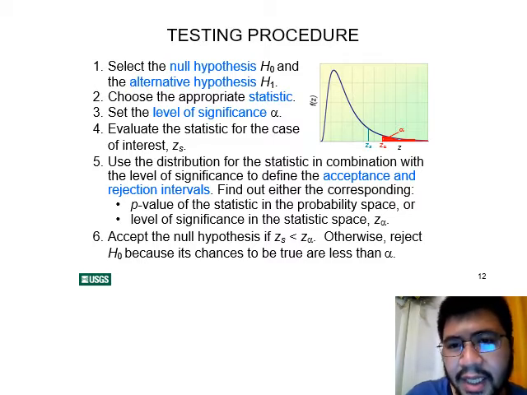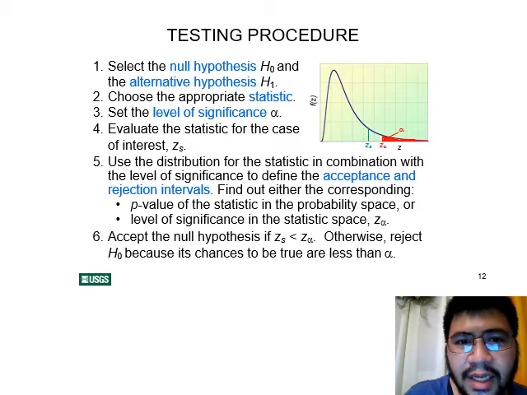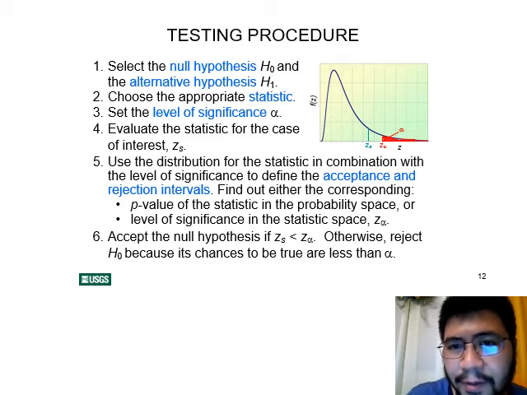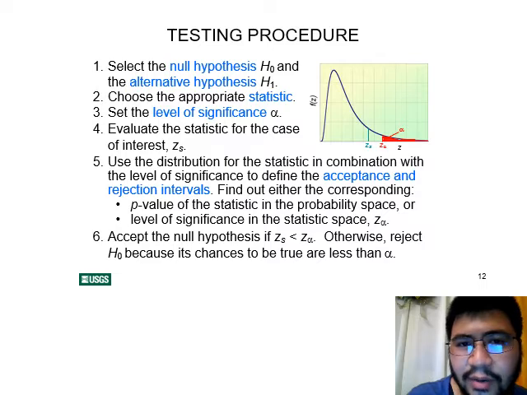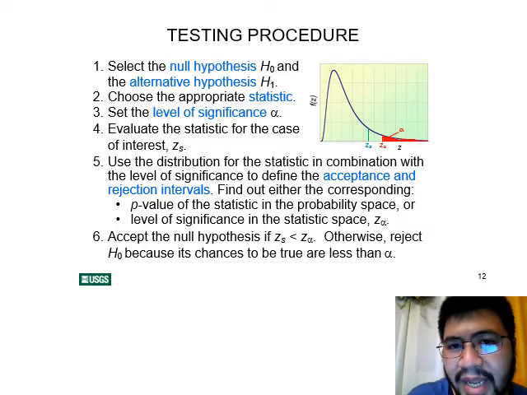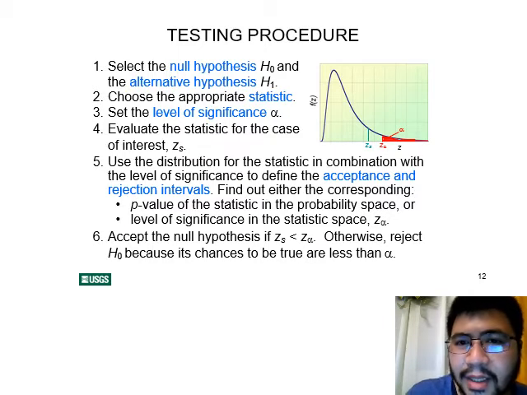And then step four, we evaluate the statistic for the case of interest, the Z-score. I will be discussing the Z-score later on, but for now, the Z-score is representing your mean. For example, our example here is mean.